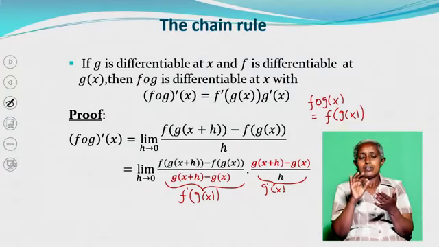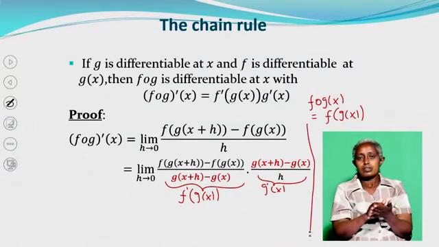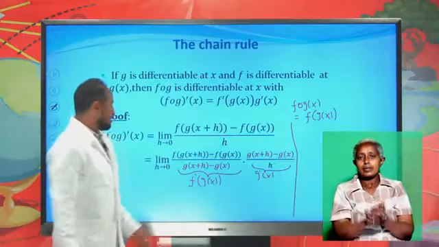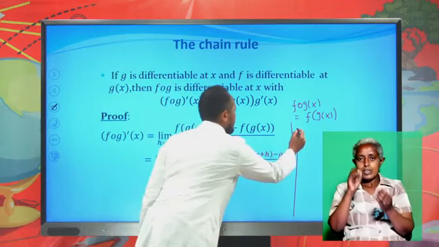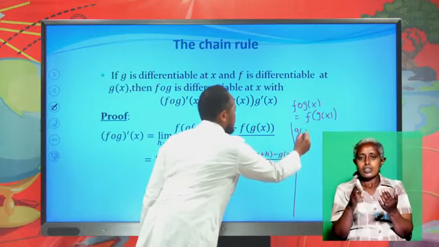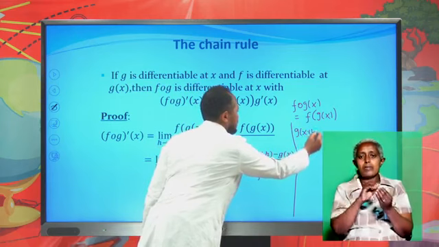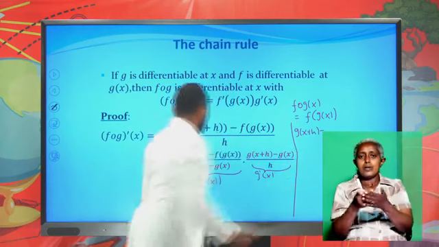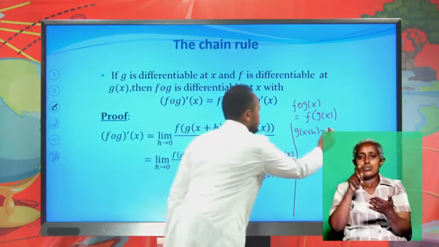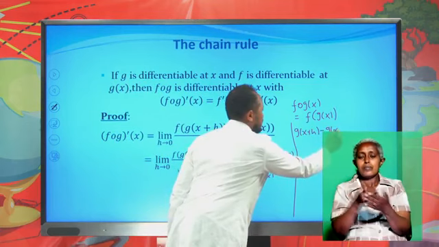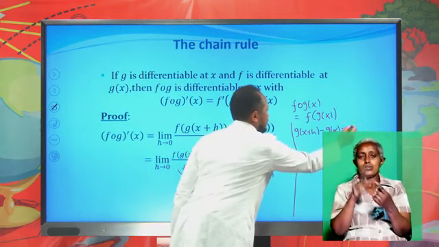To find that, let's assume g of x plus h minus g of x to be k. We assume this.